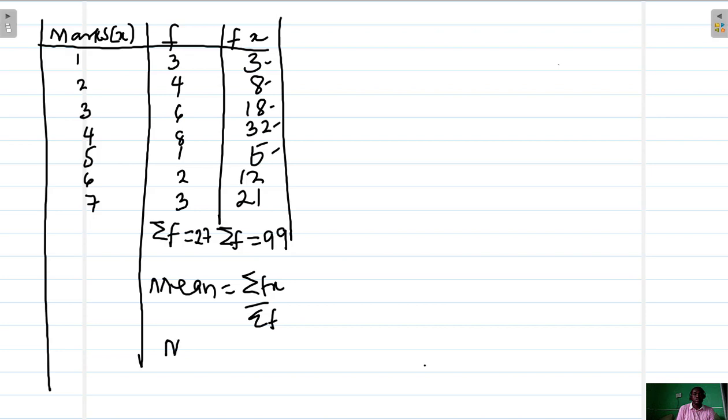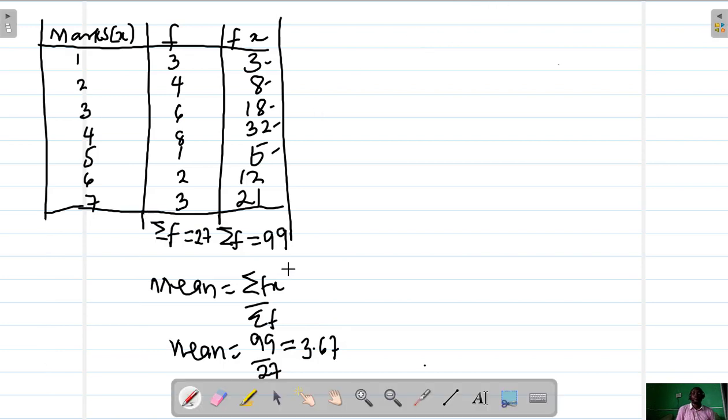So our mean will be equal to 99 over 27. Use a calculator, 99 divided by 27 will give us 3.67. Good, 3.67.